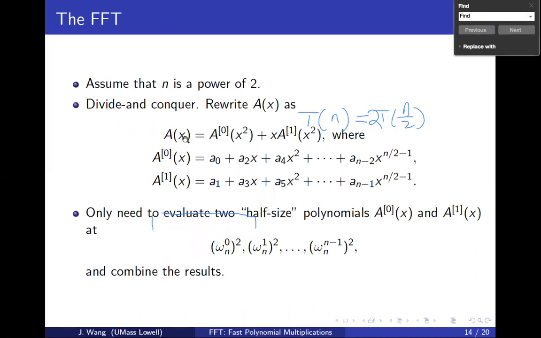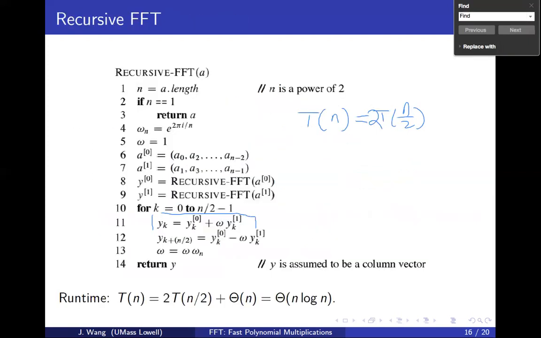Right, so this is for each point. After you evaluate this on that point, you have to merge them back. So each point takes 2 operations. So you have n over 2 distinct points. So that takes the order of n operations to merge. Okay, so that we can put as big theta of n. So that's what we have.